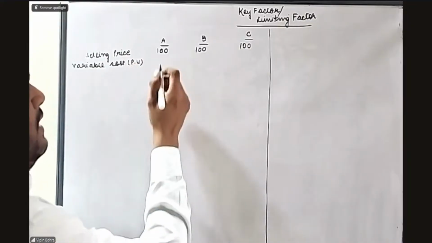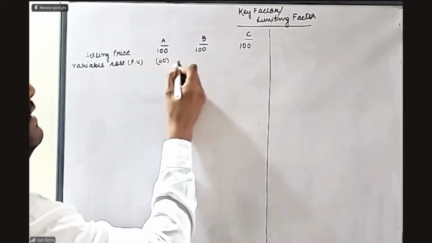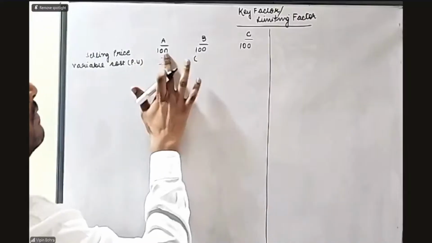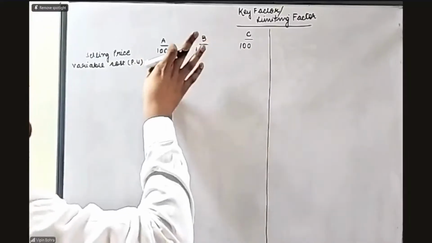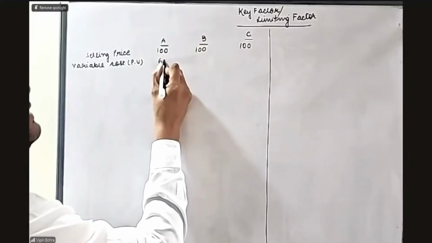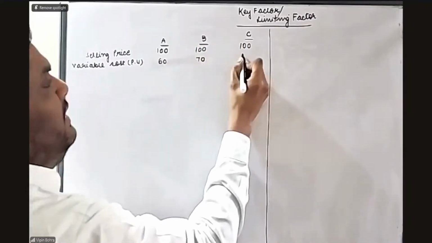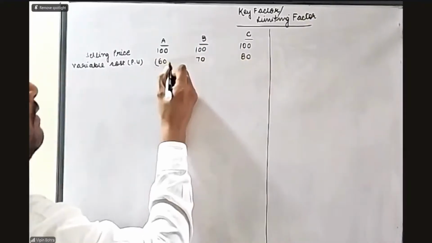Let's say the variable cost is 60, 70, and 80.